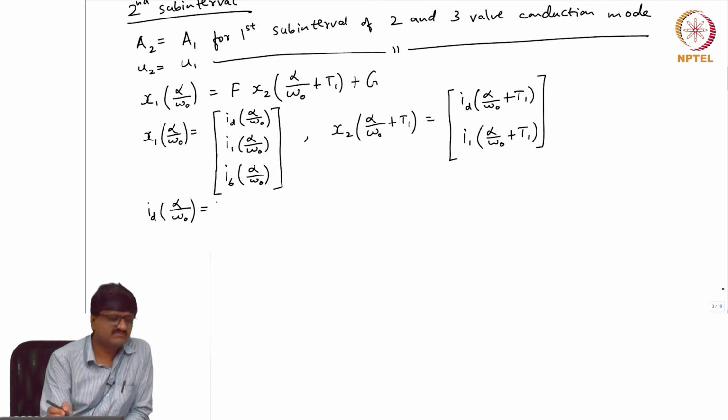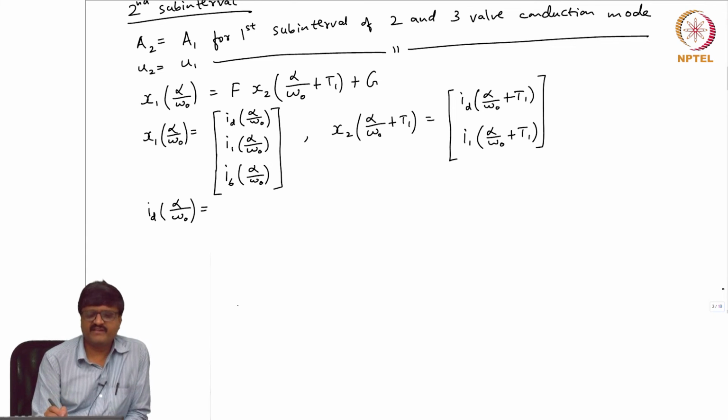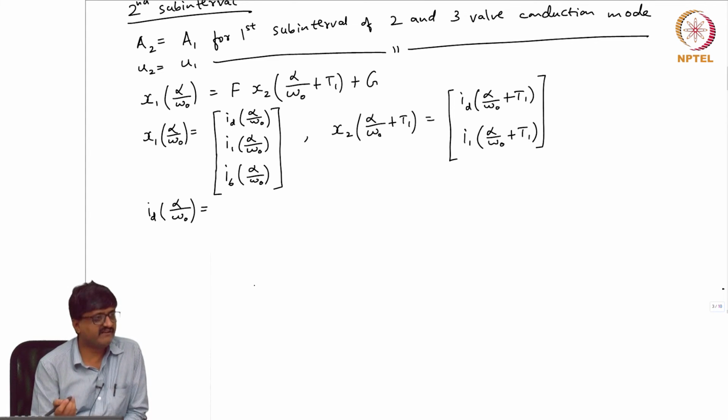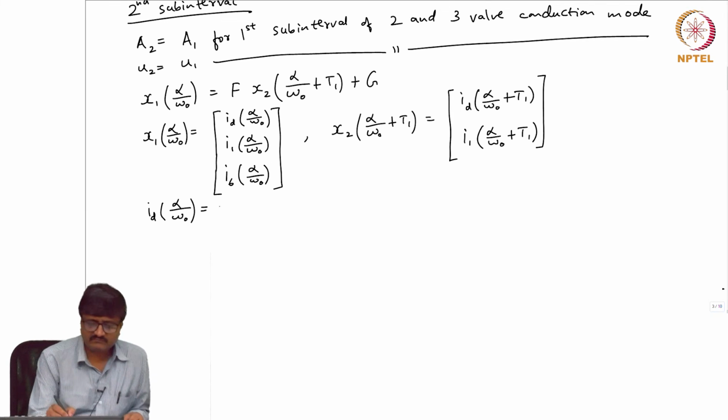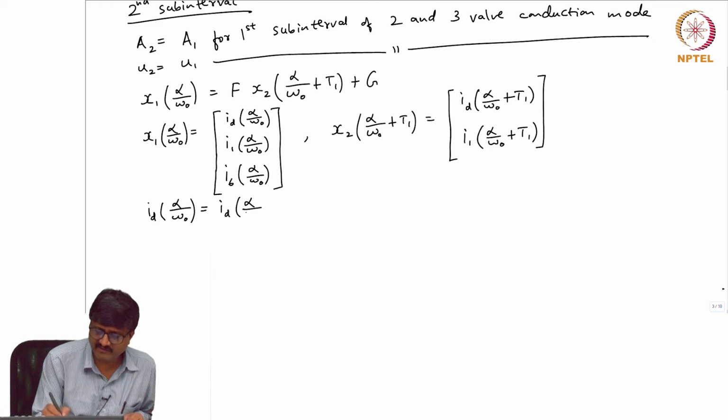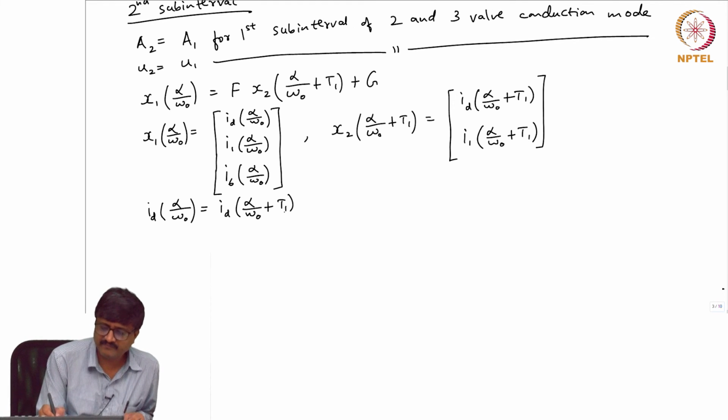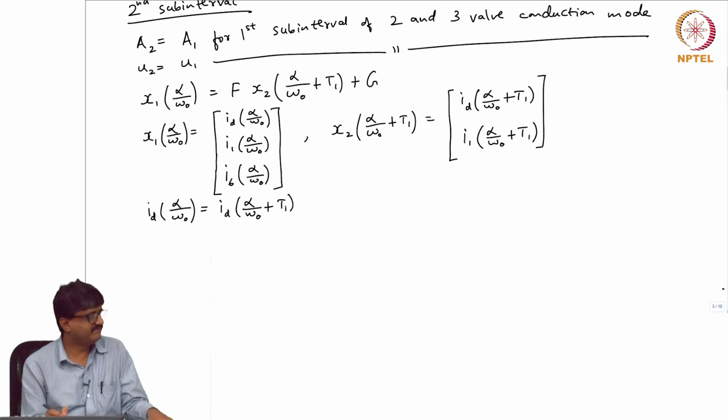So, based on what happened in the first subinterval, can I say that ID at alpha by omega O, based on what happened in the 2 and 3 valve conduction mode. So, what is ID at alpha by omega O? Yeah, ID at alpha by omega O plus T1, because ID is periodic with T1.